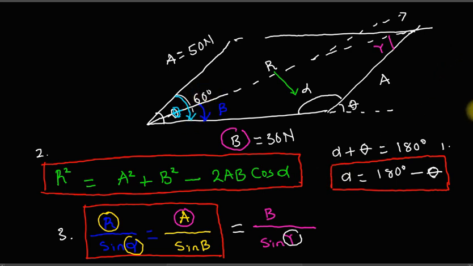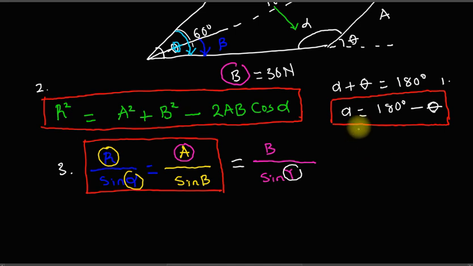All you have to do is apply this first formula. So our alpha is going to be equal to 180 minus 60 degrees. So alpha is going to be equal to 120 degrees.